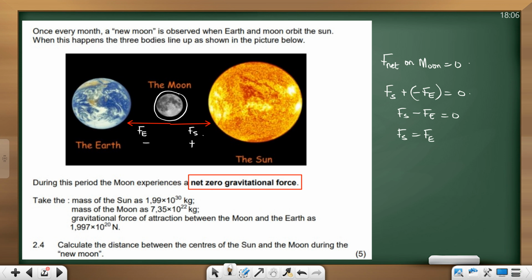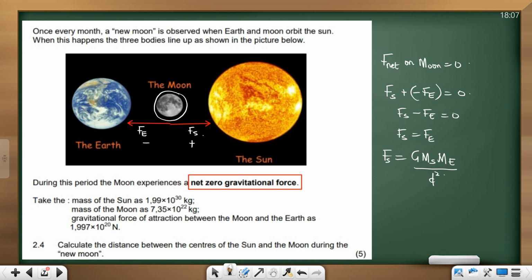So we are looking for the center of the sun. And so let's focus on the sun and the moon now. If we are focusing on the sun and the moon, the force of attraction between them, you remember your formula? It will be G M of the sun, Fs, over the distance between their centers squared.